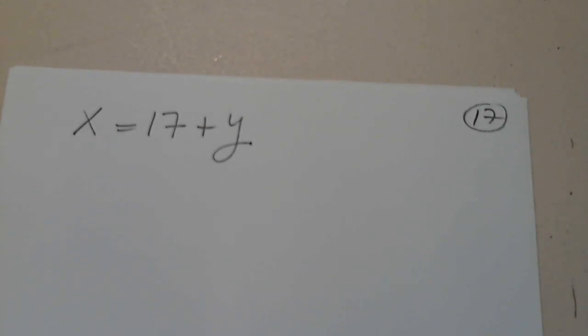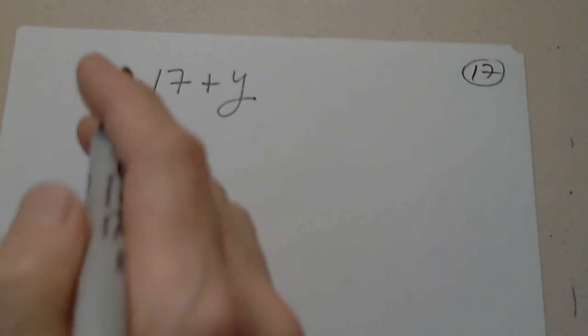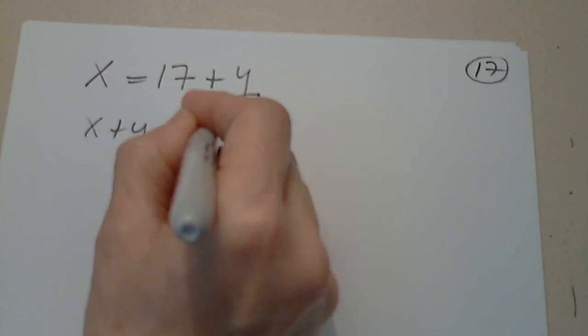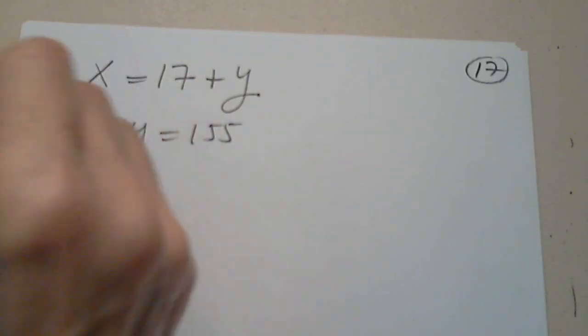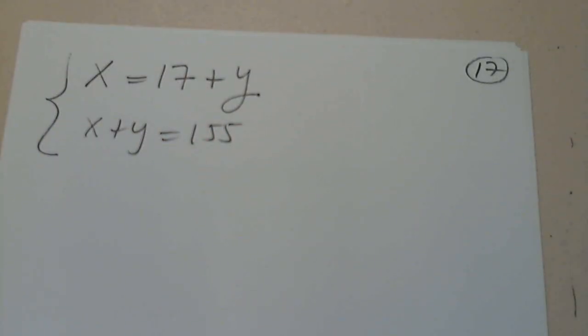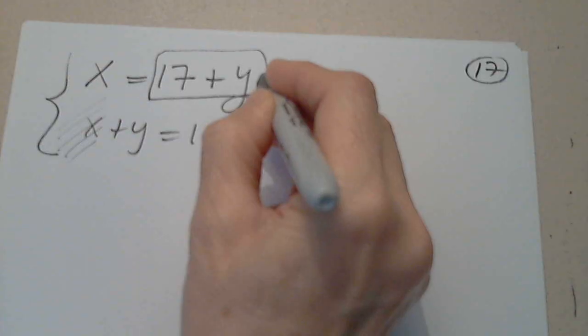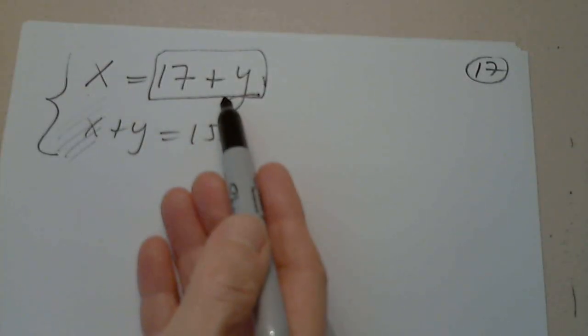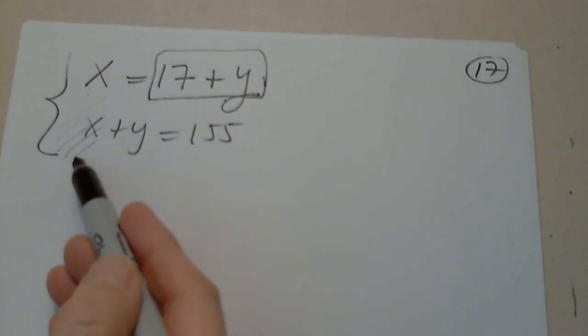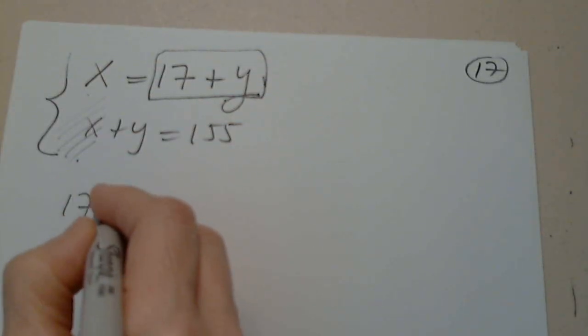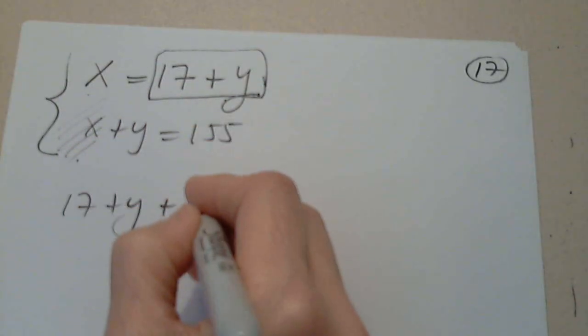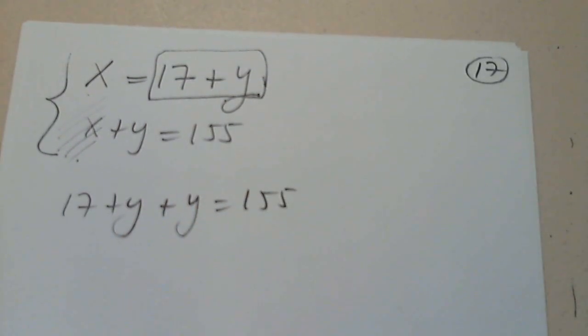Together the teams scored 155 points. Together they scored 155. All I have to do is replace x by 17 plus y. Why? Because x is the same as 17 plus y. I'm going to put here 17 plus y equals 155.